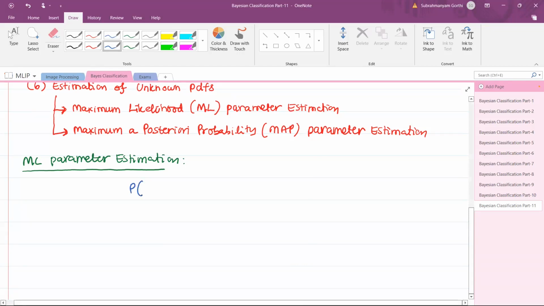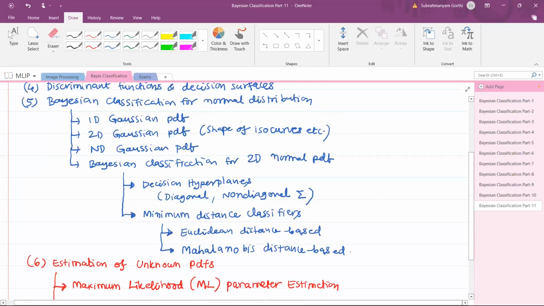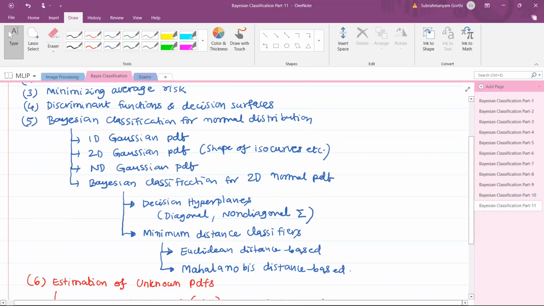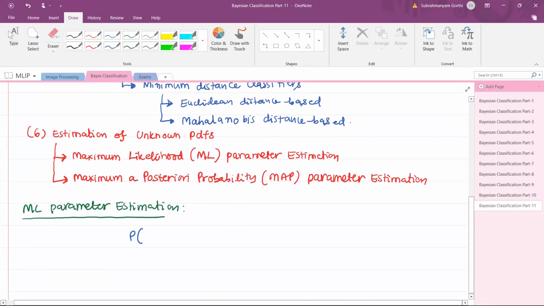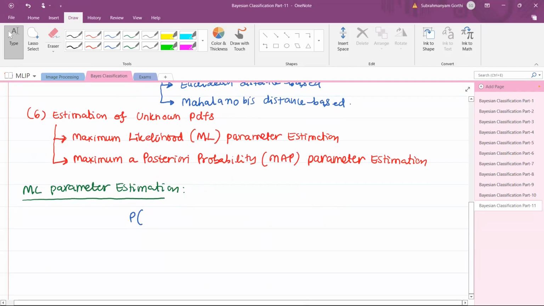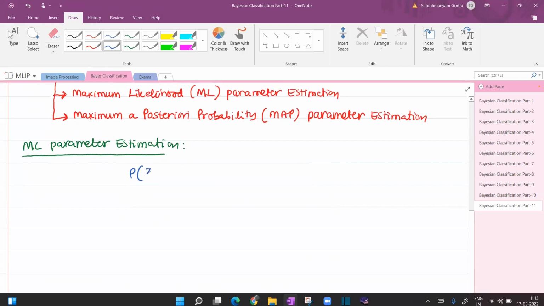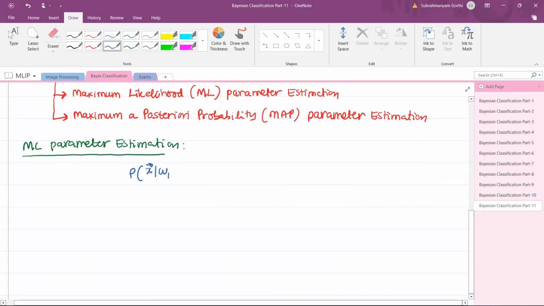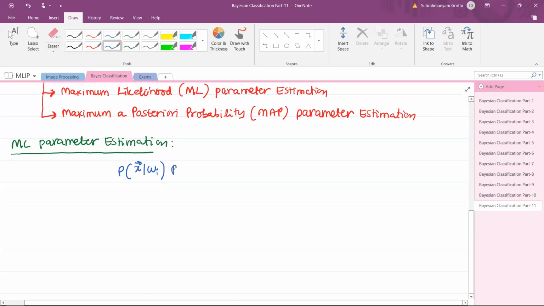From the Bayes theorem, if you recollect the way we were computing the values there, probability of x bar given omega i is important. What is this referred to as? Likelihood. Into probability of omega i, which is referred to as the prior probabilities.